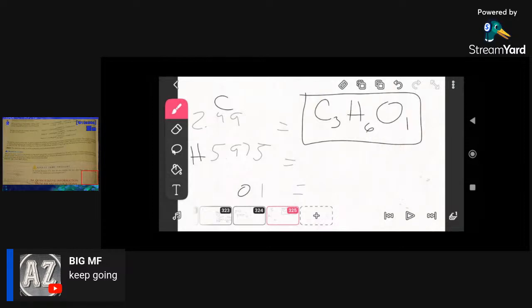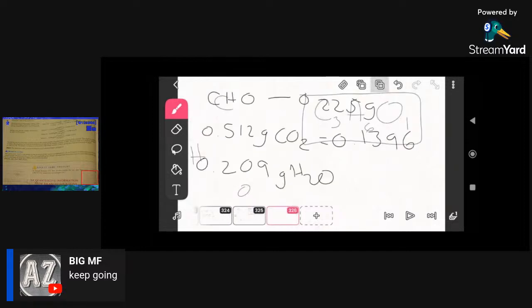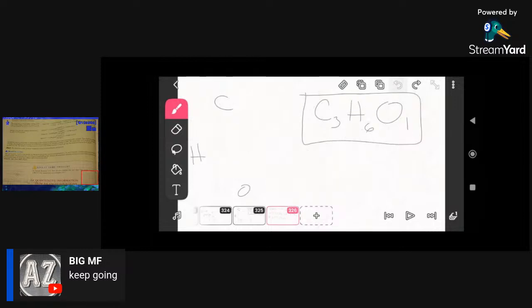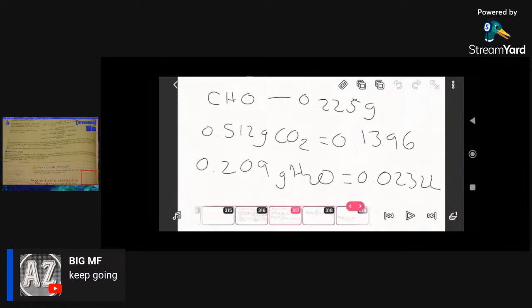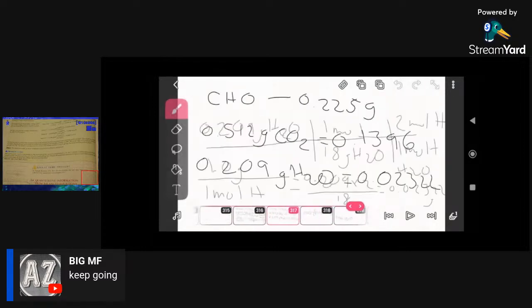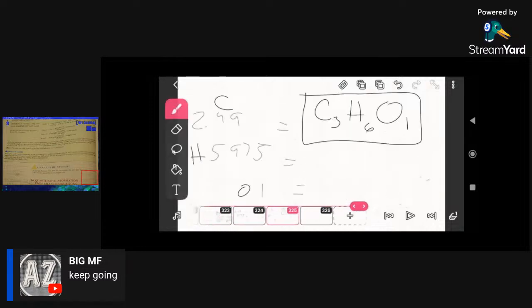And so now it brings us back to our first problem. Oh, that's not it. Okay, so yeah, the original problem, remember, guys? Originally they gave us this original amount right there, the 0.225.